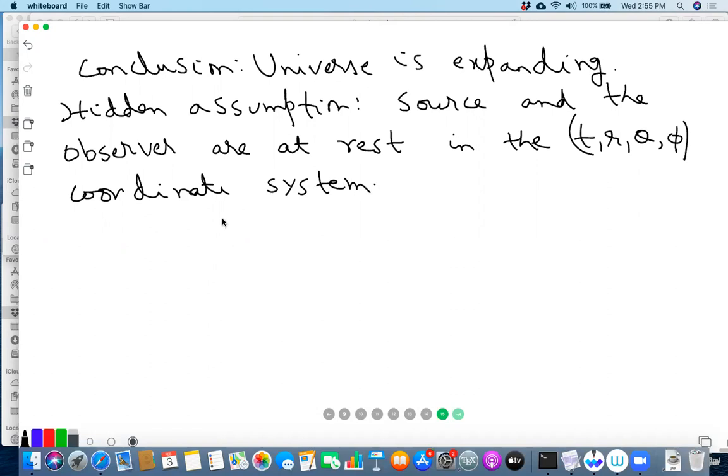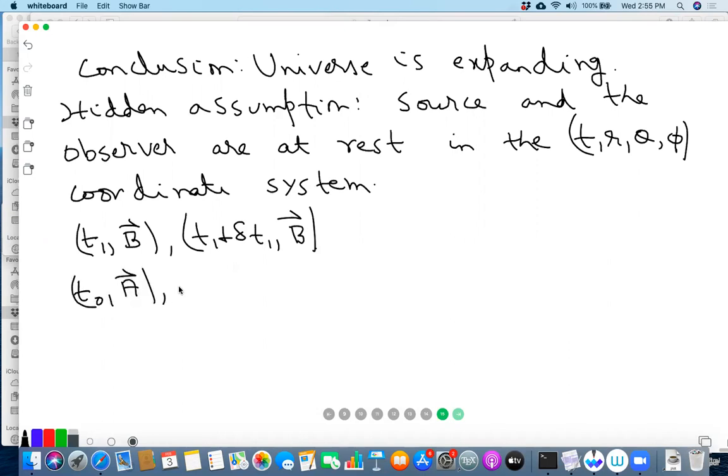It follows from the fact that we took the source to be at t1, B and t1 plus delta t1, B. We didn't change B. Similarly, the observer we took to be at t0, A and t0 plus delta t0, A. So we didn't change either A or B as we changed the time.